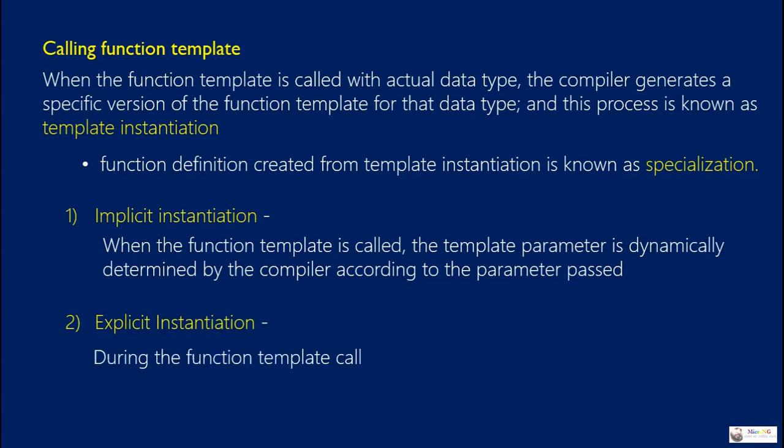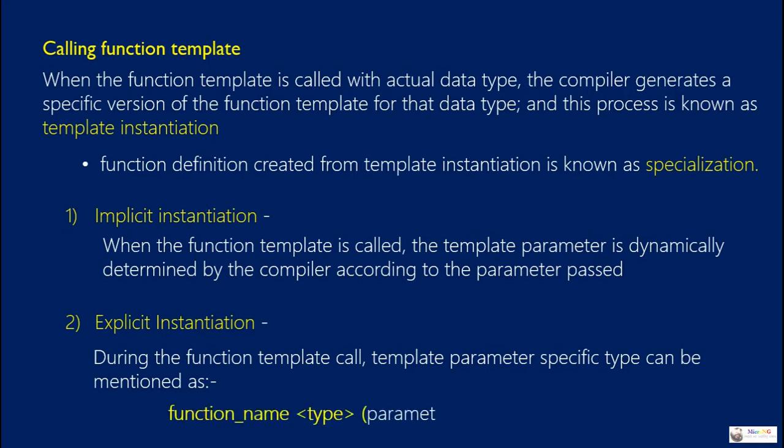During the function template call, the template parameter specific type can be mentioned with the function name followed by a less than and greater than symbol. Within the symbol, we have to mention the actual data type followed by the set of parameter values. So in explicit instantiation, after the function name, we have to mention the actual data type between less than and greater than symbols.